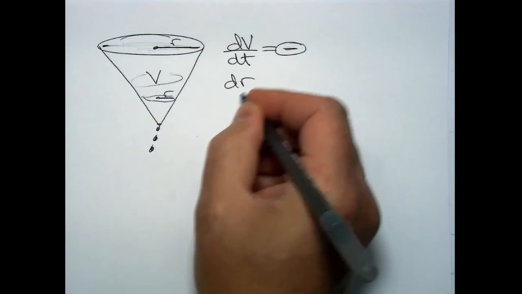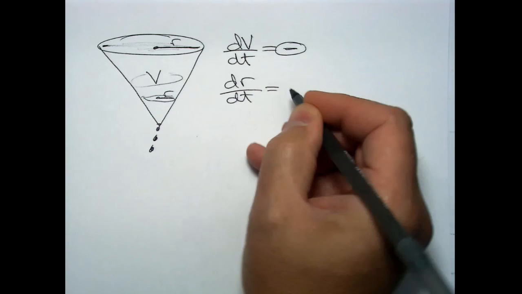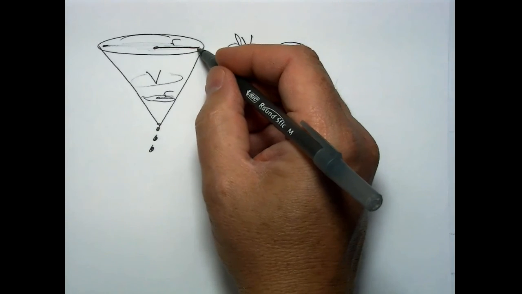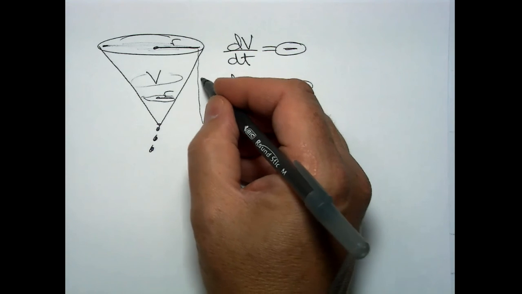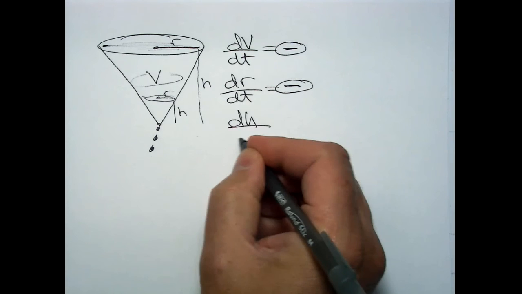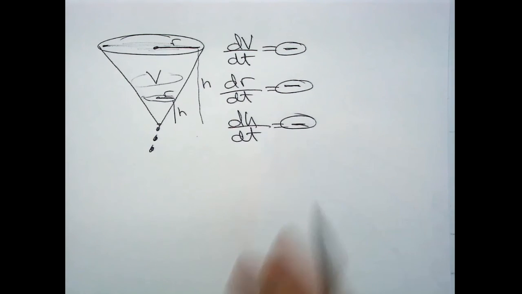Well, radius is shrinking. So dr/dt would be the speed at which it's shrinking. I think that's negative too. Also, you have a height to your water level, and look at that. Your height is also shrinking. These are all negative when water is leaking from your cone.